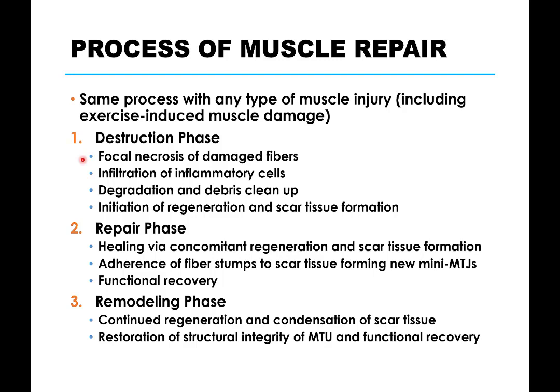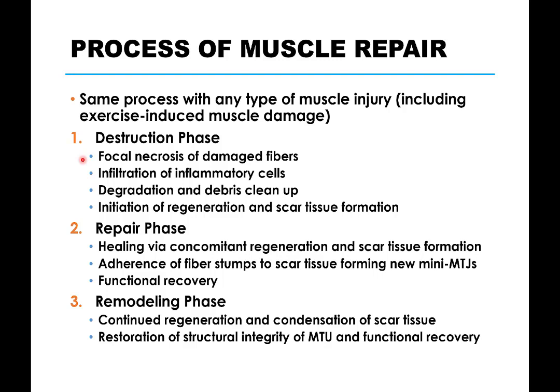Therefore, the focal aspect of injury-induced muscle fiber necrosis is obviously very important, and there is a mechanism in place to ensure that the number of fibers undergoing necrosis and the area of individual fibers being necrotized are controlled and limited. And going along with that last point, focal necrosis during muscle injury can also be characterized by necrosis of only the damaged portions of the muscle fibers and not the whole fiber itself.